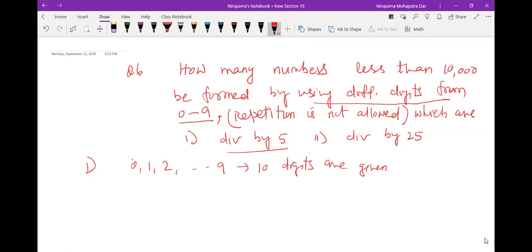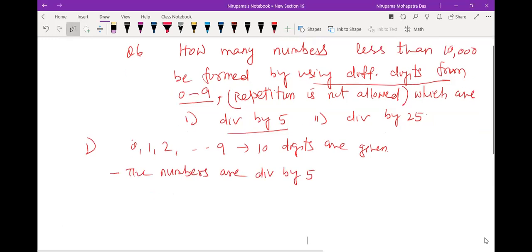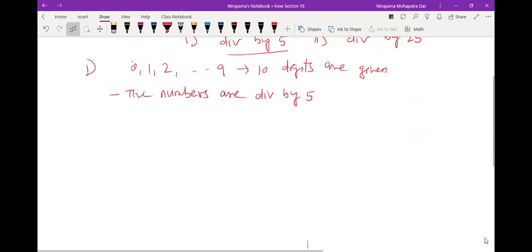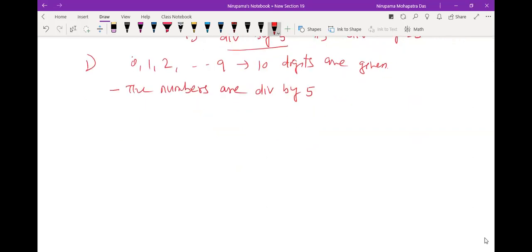Now the one more restriction: the numbers are divisible by 5, using different digits. Here you don't have to use all the digits from 0 to 9, and you don't have to use 5 digits from this. Nothing is given to you.